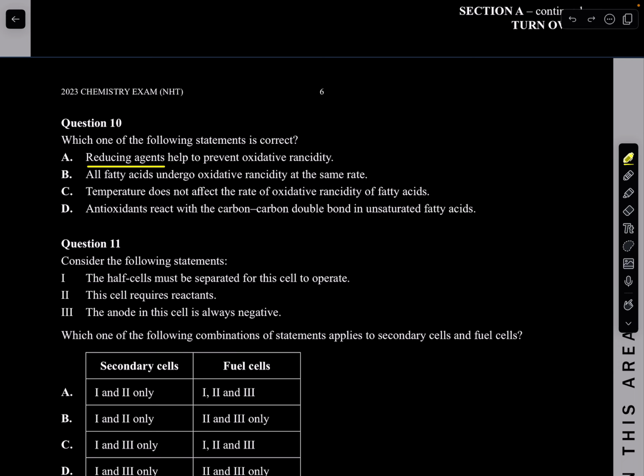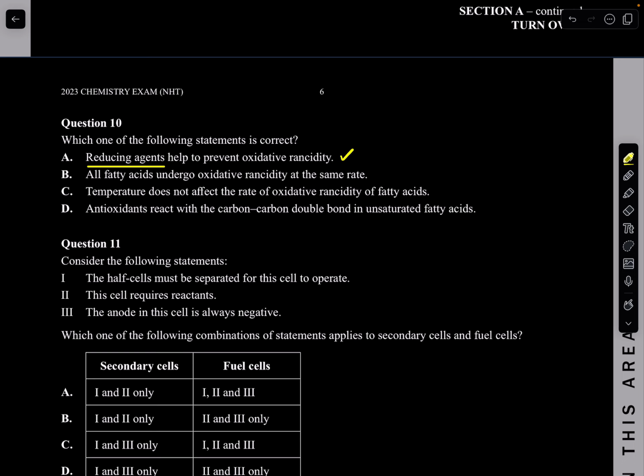Hence, if we put in a reducing agent, it acts like an extra oxidation. It replaces the triglyceride or fat and prevents oxidative rancidity because it will itself be oxidized, whereas the fats won't be. So a reducing agent is one of the best ways to prevent it.